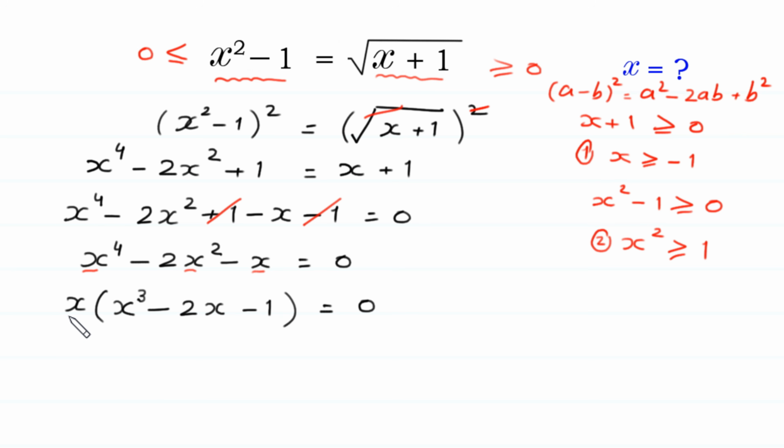Now from here either this expression x is equal to 0, or this expression x cubed minus 2x minus 1 is equal to 0. From here this is the first value of x, and to find other three values of x we solve this cubic equation.